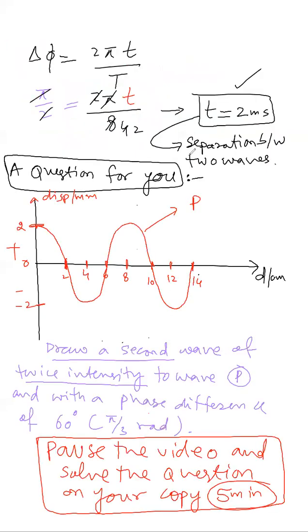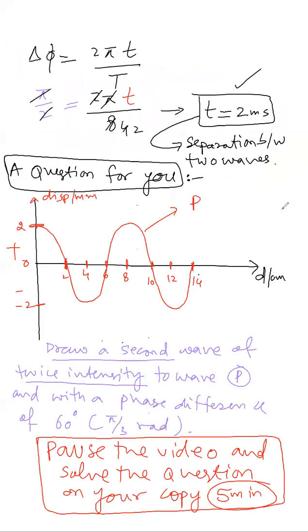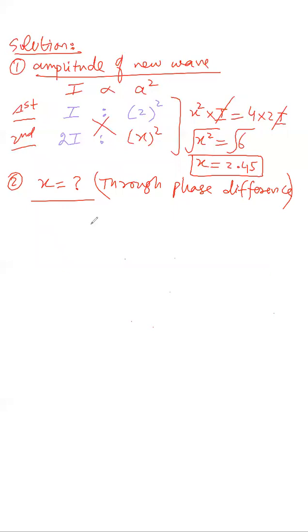Okay, so phase difference is 60. So second, you have to find x through the phase difference. Okay, so as along the x-axis there is distance, we'll be using this formula: delta phi equals 2 pi x over lambda.